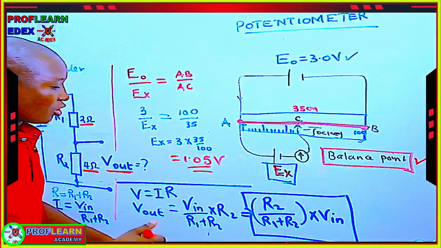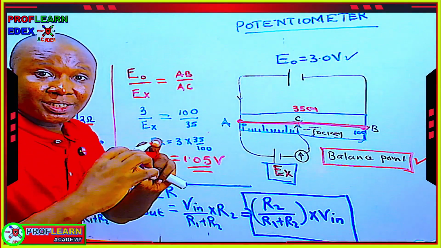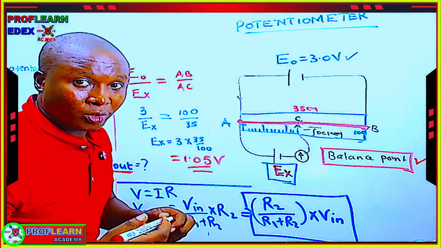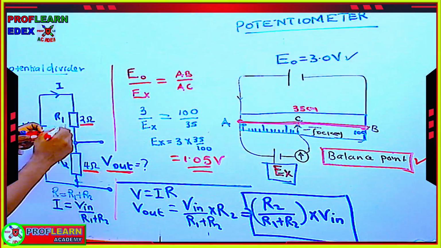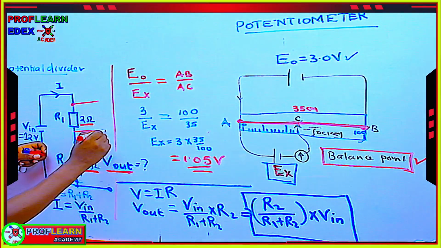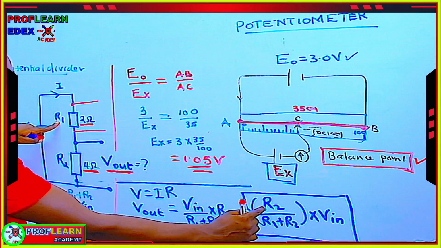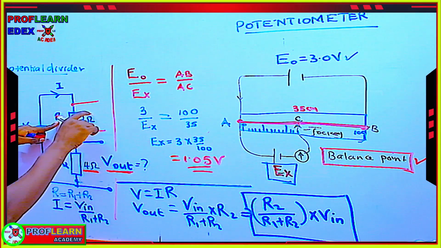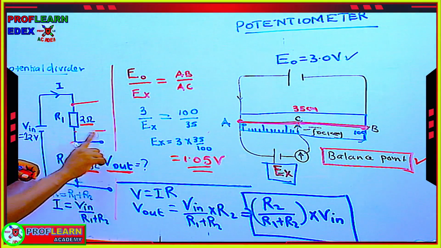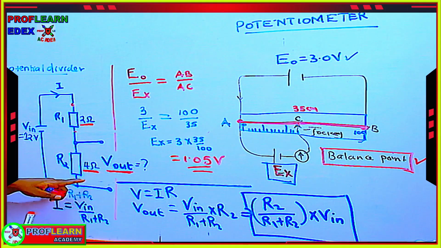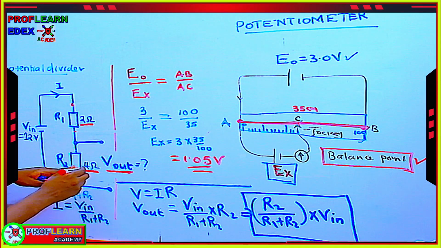You just check where the voltage is removed from, which resistor the voltage is tapped from. So if the voltage is tapped from this point, the resistance you use at the top here will be this resistor here. Okay, so in this case we are going to say that our R2 is 4 ohms.